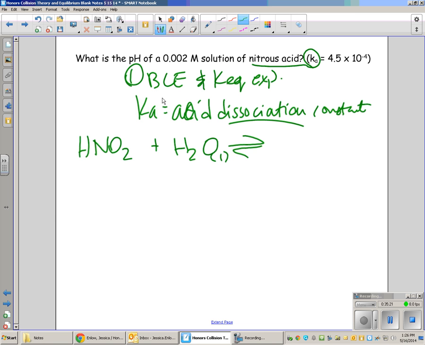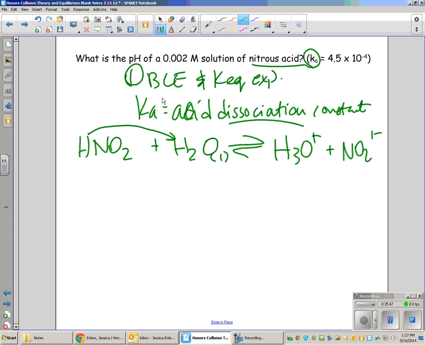Creates hydronium, H3O plus. How did that happen? This H did what? It donated itself to water, leaving what behind? NO2 what? 1 minus, thank you, because it's lost the charge as well. All right, so we're going back to our acid-base stuff.